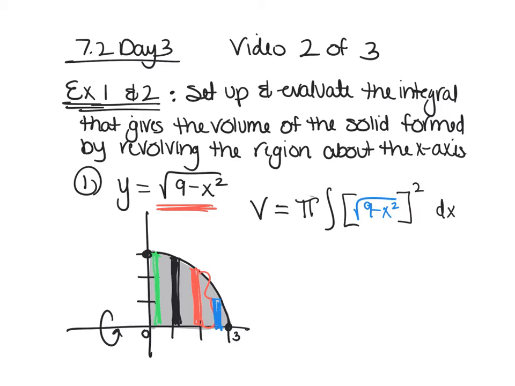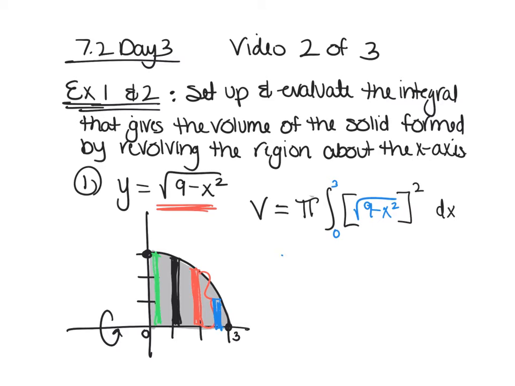Okay, every single rectangle. So when you're looking at these discs, the radius will be equal to the function value, and in this case it is the square root of 9 minus x squared. And yes, we're going to square this. So our boundaries are 0 to 3.